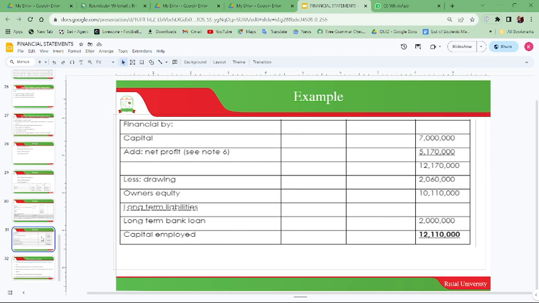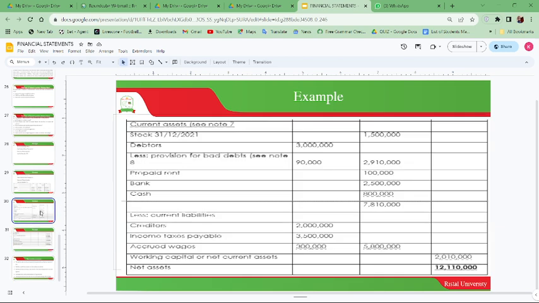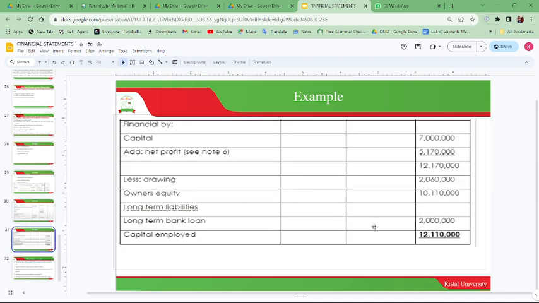Our balance sheet is balancing, because here we have the net assets, we are having this, and when you add capital plus liabilities, we get this. So our amount is the same. It takes us back to our equation, which is assets equals liabilities plus shareholders' equity.